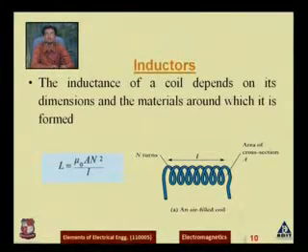For example, this is the symbol of an inductor, where you can see 1, 2, 3, 4, 5 or 7 turns, so it depends on N. It also depends on the length of those turns and the cross-section area of the inductor. By a simple equation, inductance L is equal to mu naught A N squared divided by l. All of you know the value of mu 0: mu 0 is equal to 4 pi into 10 raised to minus 7. A is the area, N is the number of turns, and l is the length.